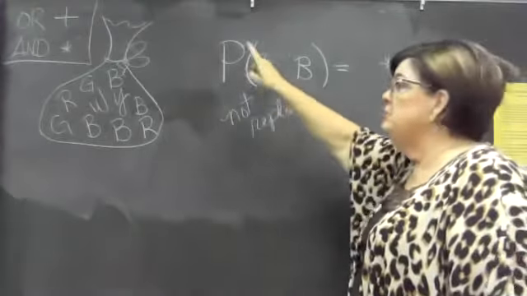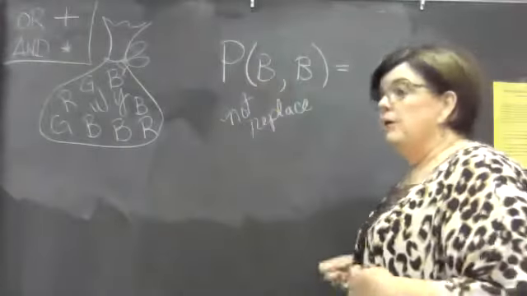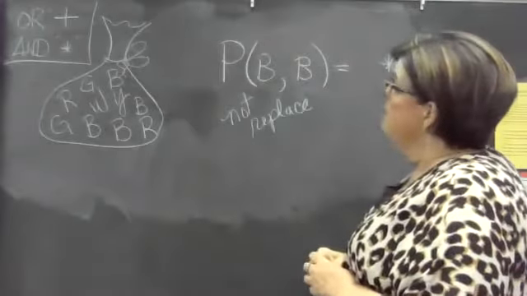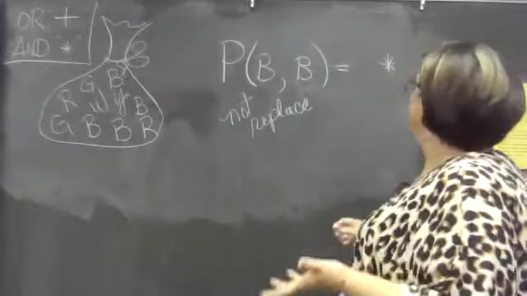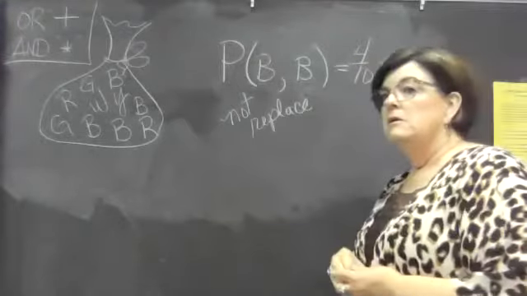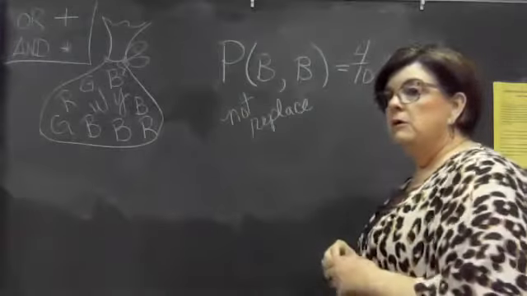Okay, so let's look at the first one. What's the probability with this whole bag of getting a blue out of there? It is 4 out of 10. That's correct. Now I'm not putting it back in. Put it over here.